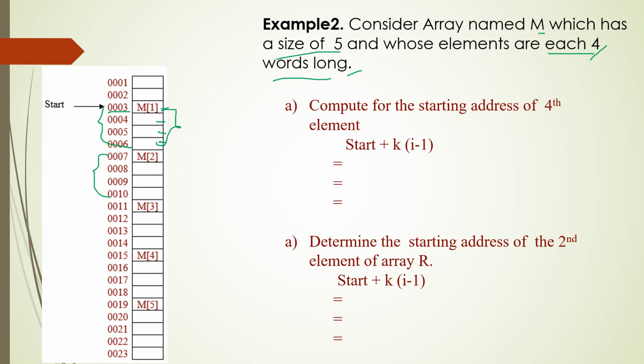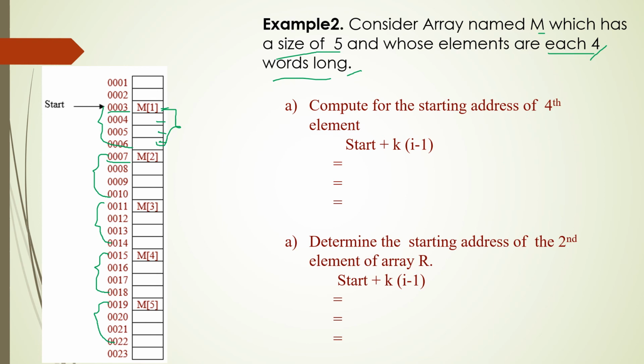And then M sub 3 is from 0011 up to, sorry, 0014. Okay? And M sub 4 is from 0015 up to 0018. And then M sub 5 from 0019 up to 0022. Okay. That is why whenever we compute, we just compute for the starting address of that element.